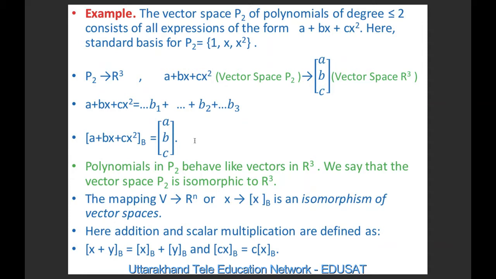We say that the vector space P2 is isomorphic to R cube because this correspondence is one-to-one and onto. Also, the addition and scalar multiplications are preserved: x plus y coordinates equal xB plus yB, and cx coordinates equal c times xB. So it means vector space P2 is isomorphic to R cube.